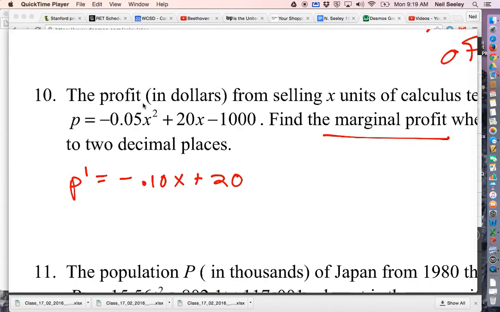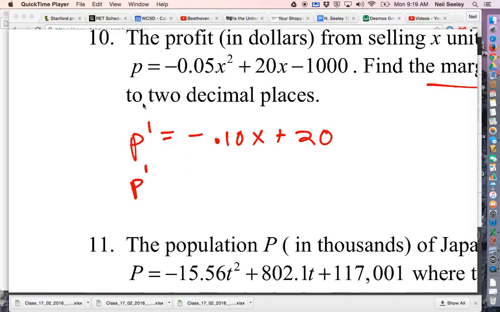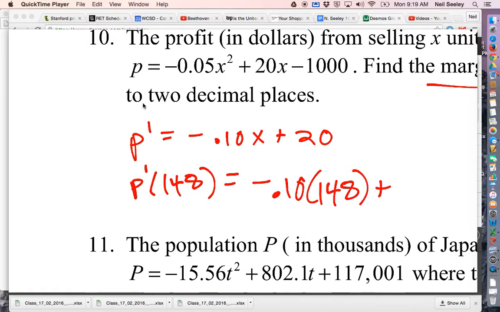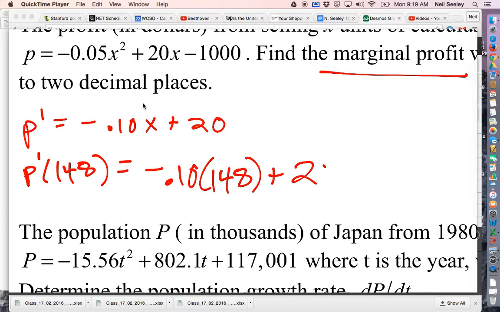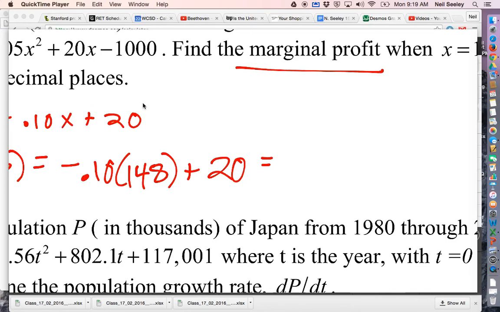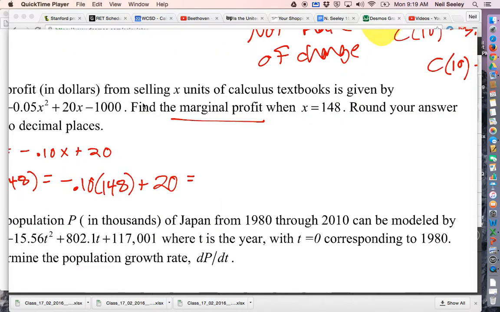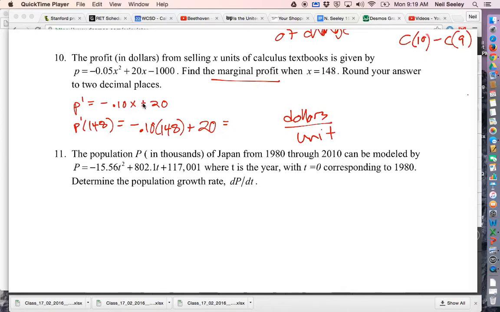And then when I ask for marginal at 148 units, you just plug it in and evaluate it from there. And you can check the PDF for the results on the exact numbers. So 148 goes in for X plus 20, and voila, that's your rate of change. Now the big thing is I do want the units, which will be Y per 1 unit of X. That's dollars per unit. And that's important to have at the end.